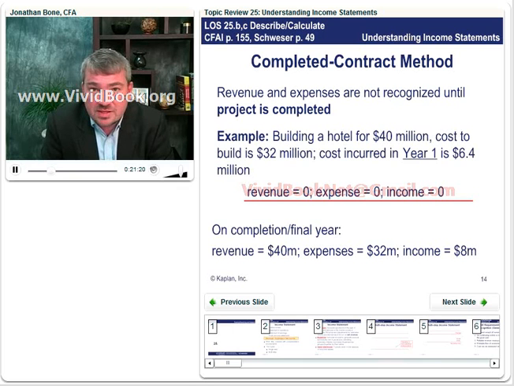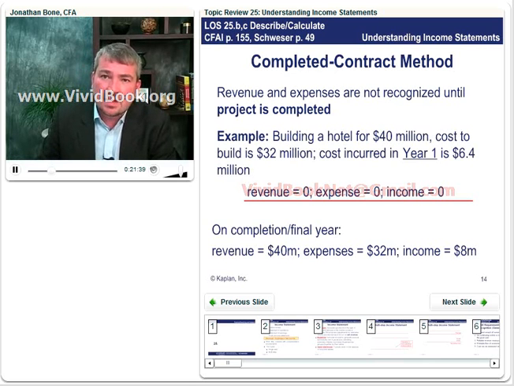So, sales figure, nothing. Expense figure, nothing. Income figure, nothing. Nothing goes through the income statement. Until, of course, we get to our final year when we'll book all of the revenue, 40 million, all of the expense, 32 million, and as a result, all of the profit, 8 million. Now remember, completed contract is not allowed under IFRS.